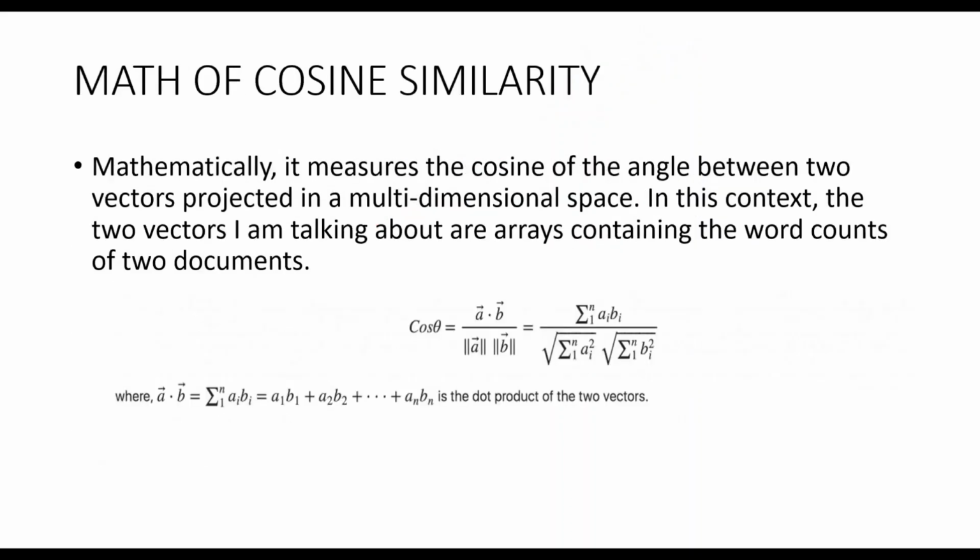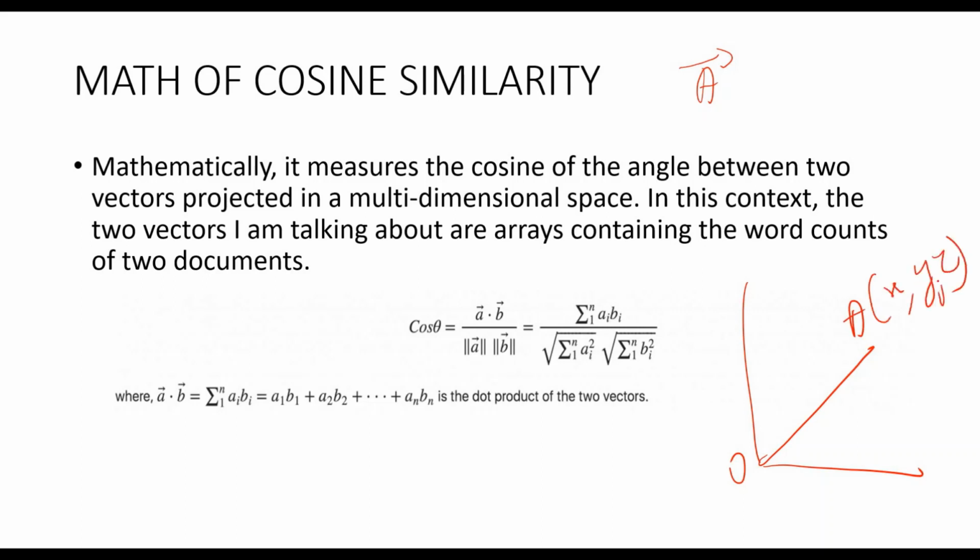This is the math behind cosine similarity. I already discussed that cos theta is equal to A dot B divided by modulus of A times modulus of B. Take vector A, say vector OA, with coordinates x, y, z. OA can be represented as xi plus yj plus zk.